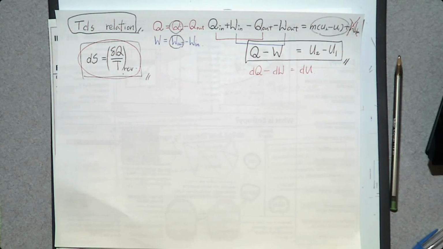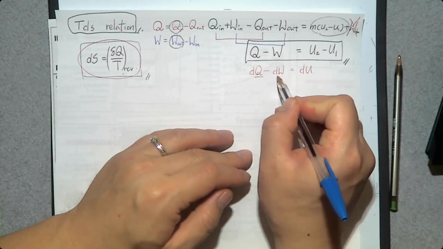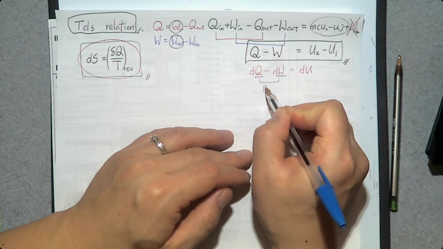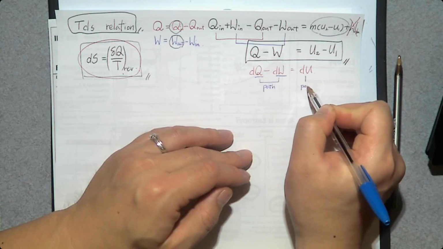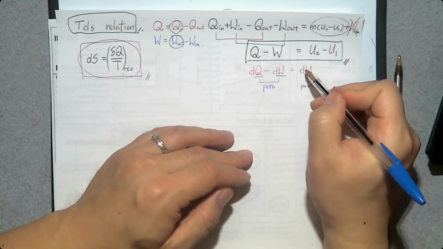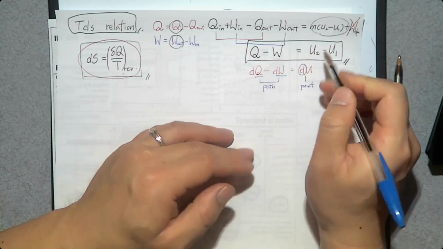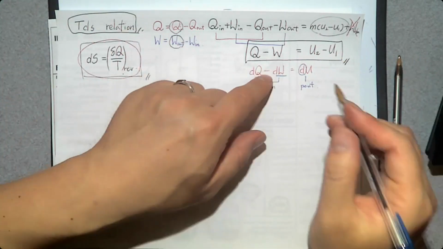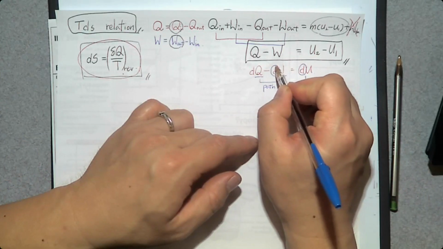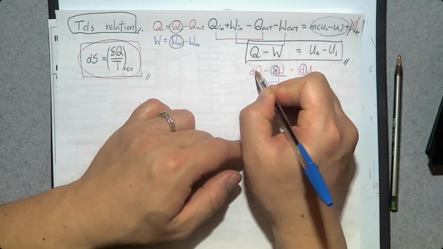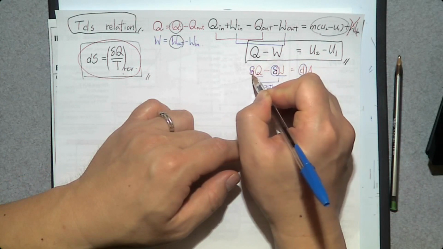However, this equation is incorrect because Q and W are path functions and U is a point function. So when you have a point function, you can add d, no problem. But if you have a path function, you don't want to put d, you want to put del, just to show that this is a path function.